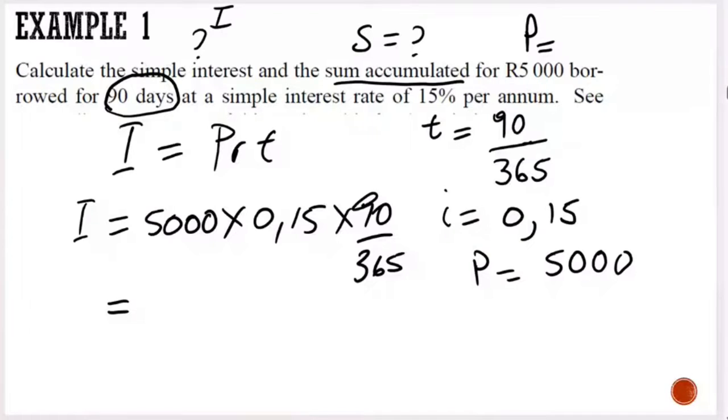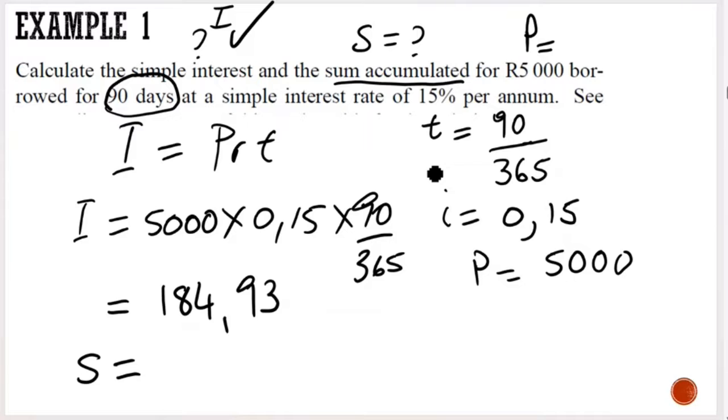So here the answer that you would find is 184.93. That is the interest that you calculate. So remember, there's another formula. You need to calculate the sum accumulated.